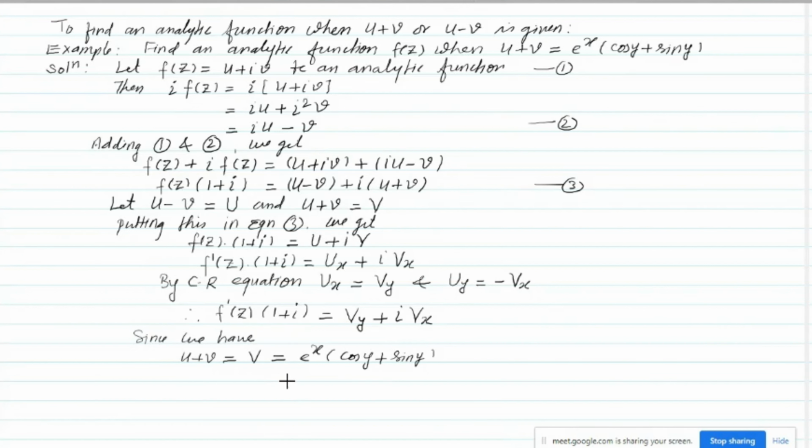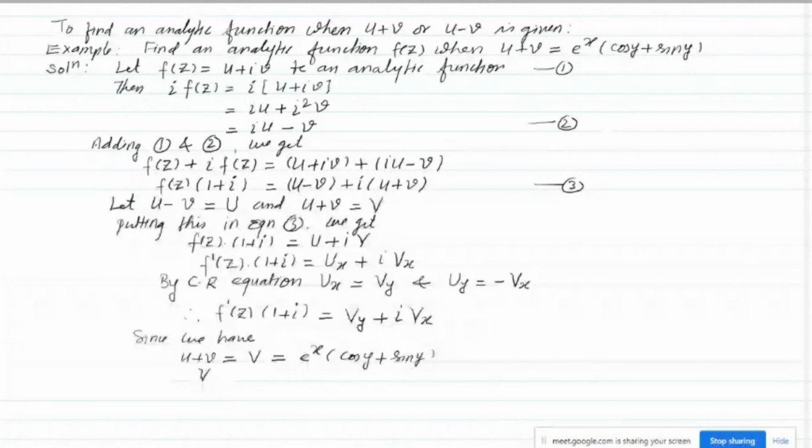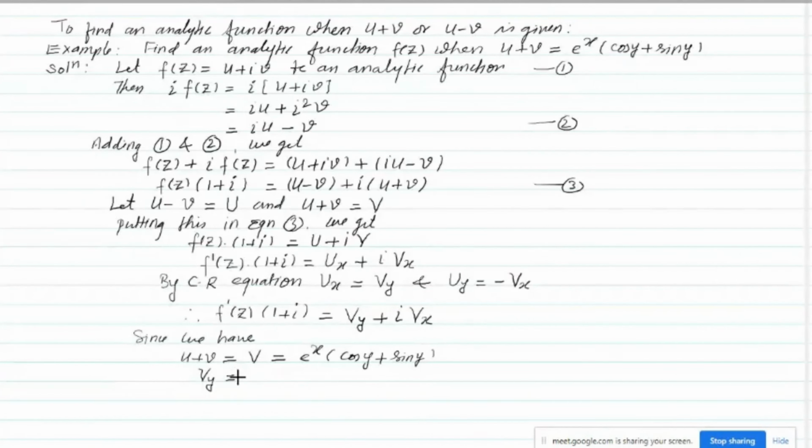Now we will find the derivatives. First we differentiate with respect to y. So Vy is equal to e raised to x, as x will be constant, so e raised to x is as it is. The derivative of cos y is minus sin y, and the derivative of sin y is cos y. So this becomes cos y.